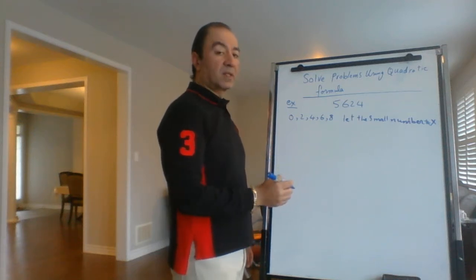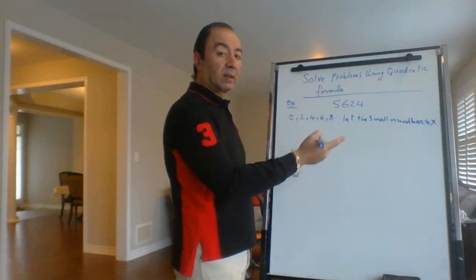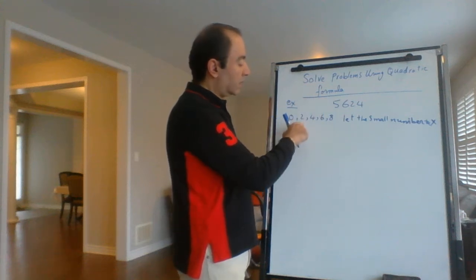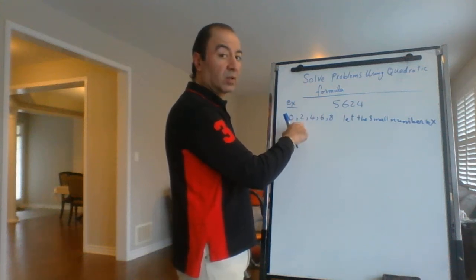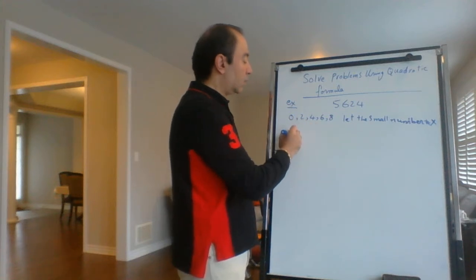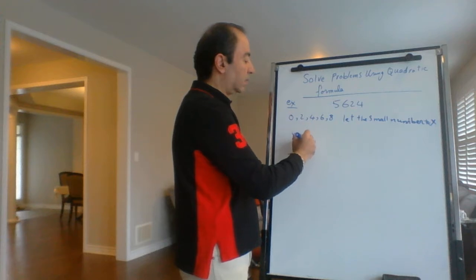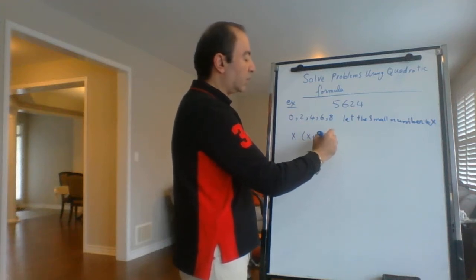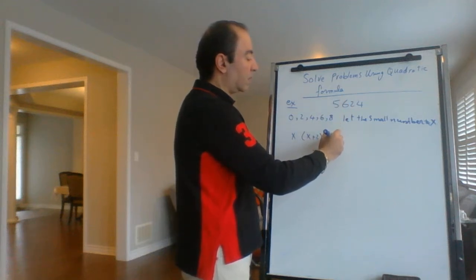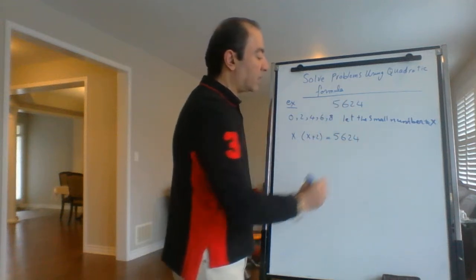If the small number is x, the one that follows it is x plus 2, because we add 2. So x, and the other one would be x plus 2. The product means multiplication, and when we multiply those we get 5624. Now we have made the equation.